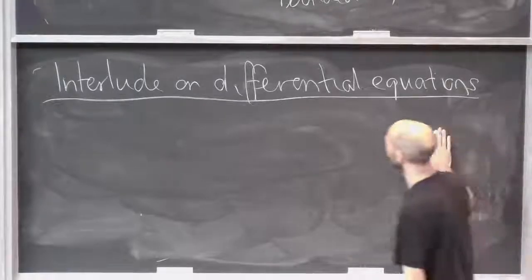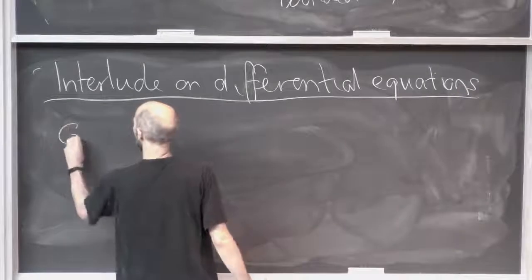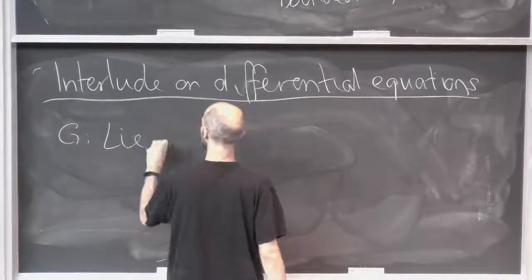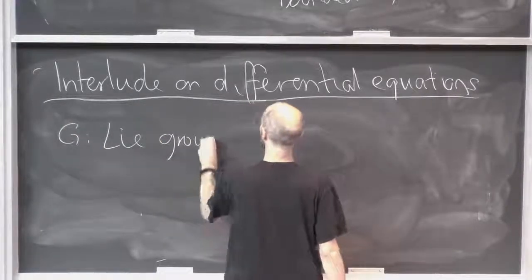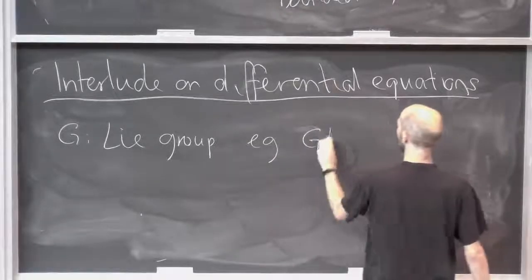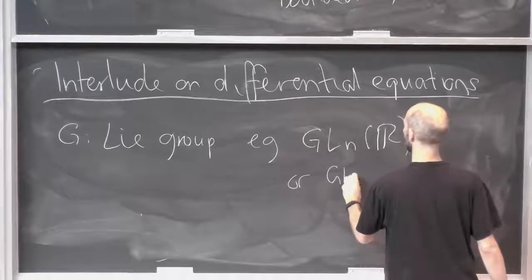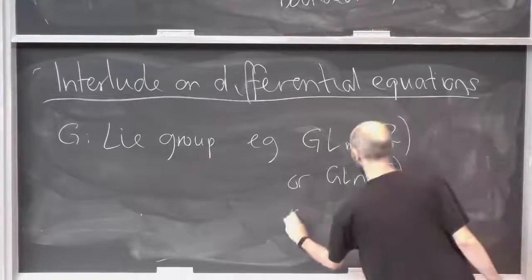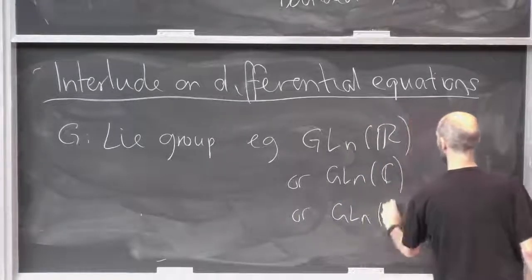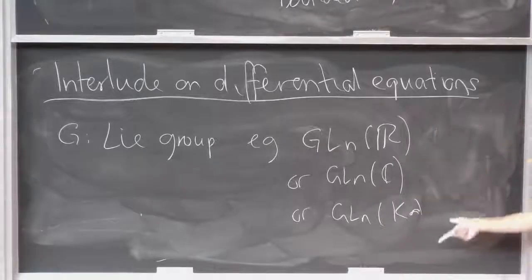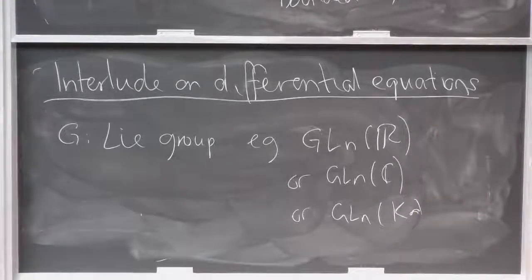So here's the idea. G is going to be a Lie group, e.g. GLN of the reals, or GLN of the complexes, or GLN of C infinity. These are good examples to keep in mind, because they're the only examples we care about.